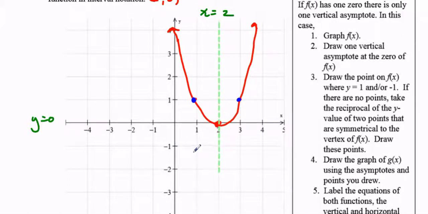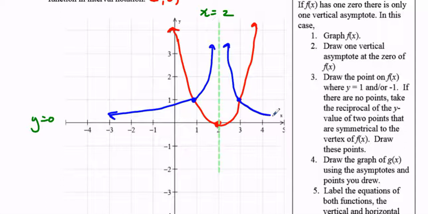Now it says draw the graph of g of x using the asymptotes and the points you drew. So this one, I'm just going to approach my vertical asymptote. I'm going to approach my horizontal asymptote here, and I'm going to do the same thing on the other side. Now these should look fairly symmetrical. Do the best you can. It says label the equations.